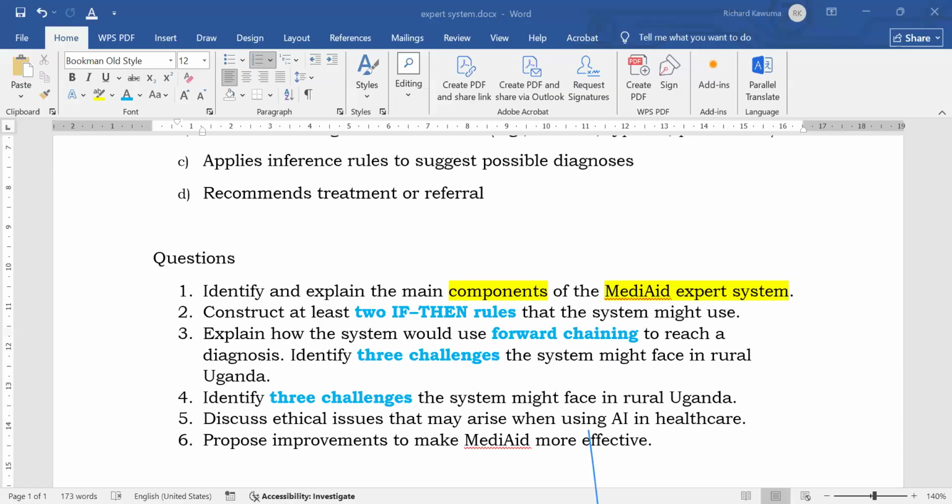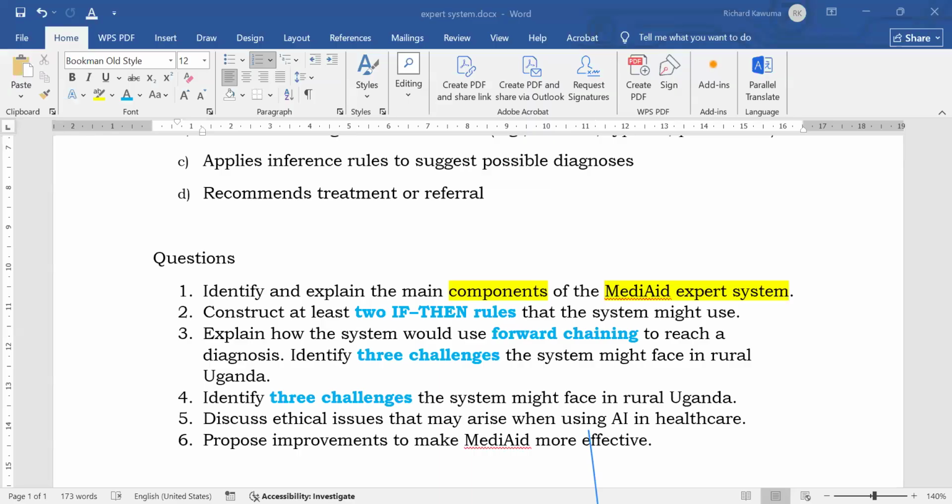So we are still on number 1. The second component was what? The second component was the interface engine.